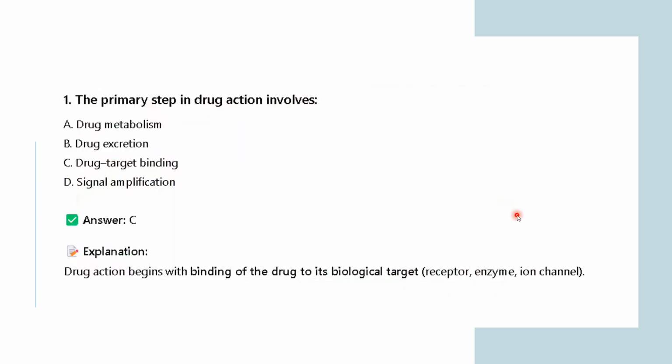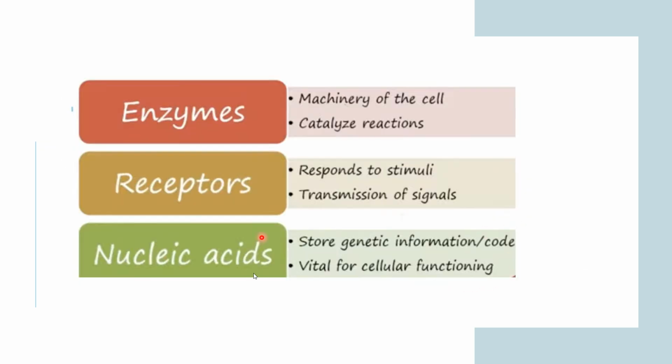So as we have talked about the receptor, enzyme, ion channels, nucleic acids. This is the brief picture of enzyme, receptor, and nucleic acid which are involved. Enzymes are the machinery of the cell and they catalyze the reaction. Receptors are basically the compounds which respond to stimuli. Stimuli means the external activities happening in your body, and it will respond towards them.